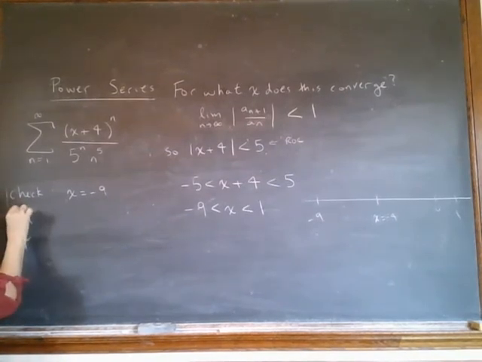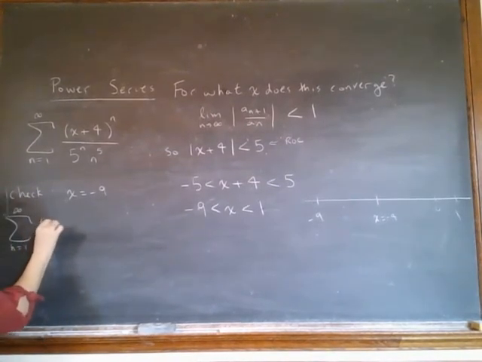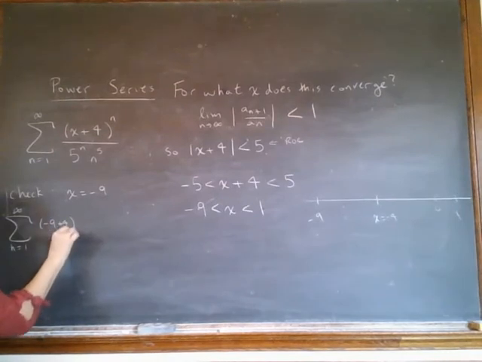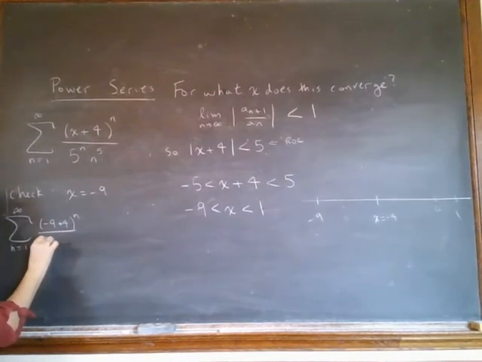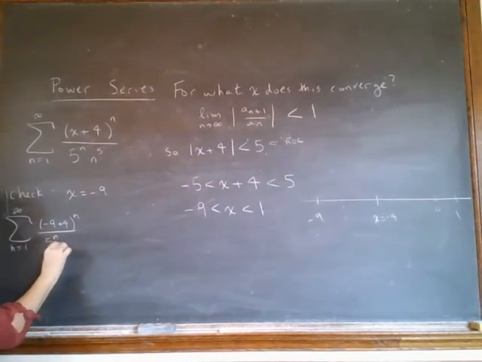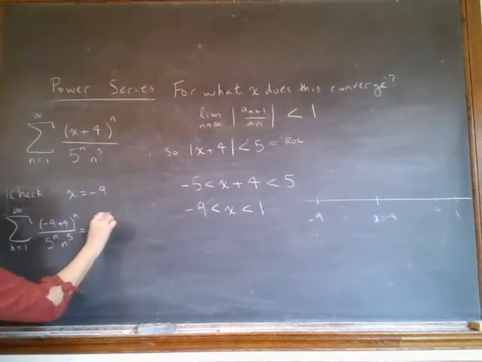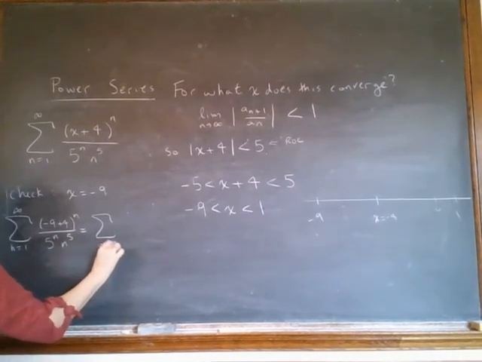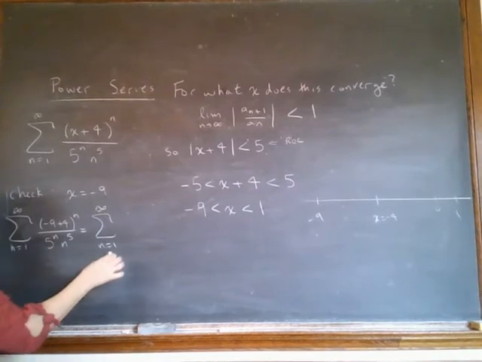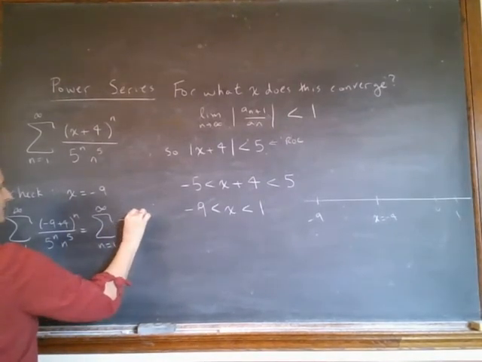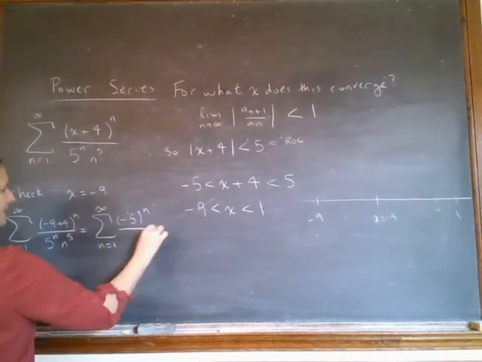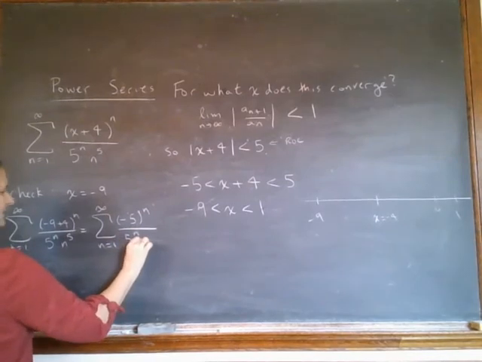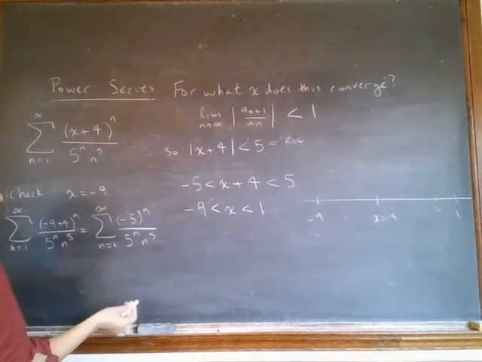Put that into my series here. I've got -9 plus 4 to the n over 5 to the n, n to the 5. So I've got -5 to the n here, and this 5 to the n, n to the 5.